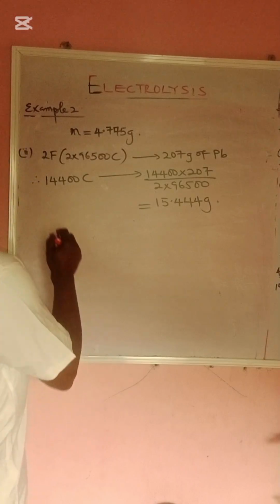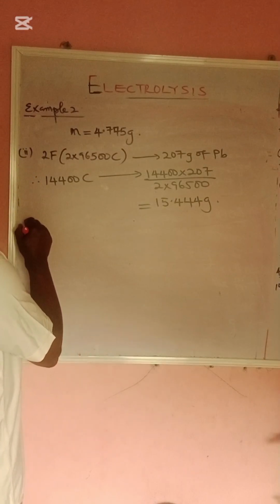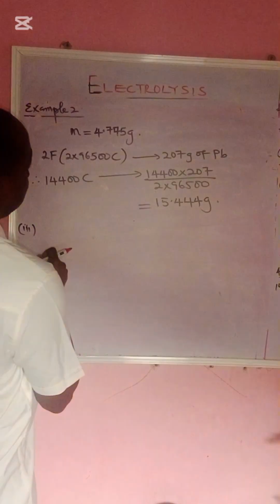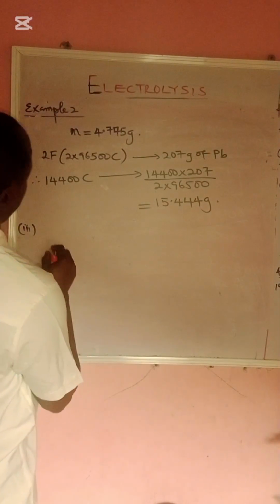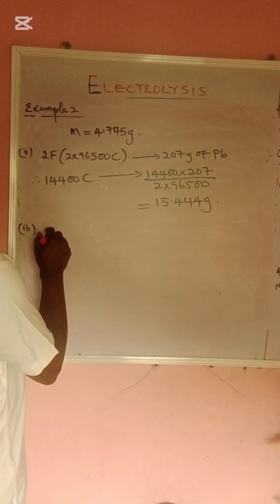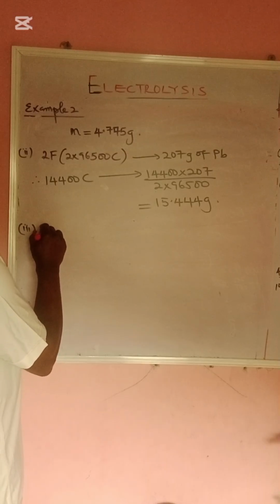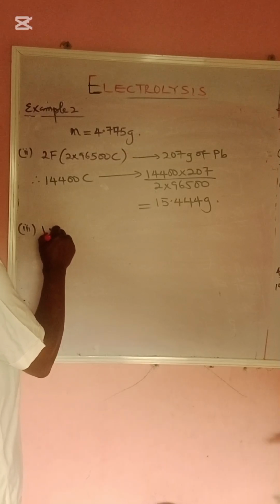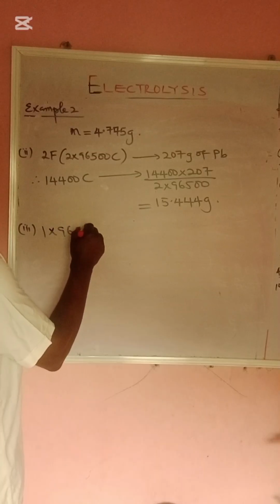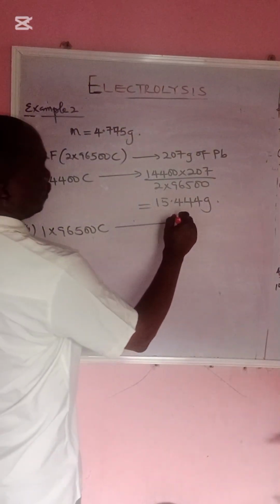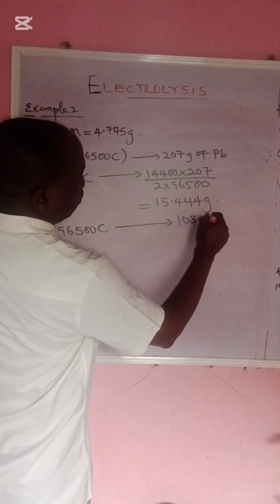Roman figure 3. We want to see that of silver. Silver is a monovalent element. So 1 Faraday, 1 times 96500 coulomb, is required to deposit 108 grams of silver.